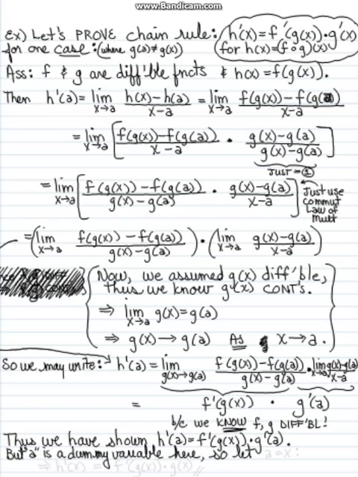And in this case, we're going to say let a become x so that we can rewrite this statement as h prime of x equals f prime of g of x times g prime of x. There should be a prime there. And that is exactly what we are trying to prove. So we have finished in our proof of the chain rule in this special case.